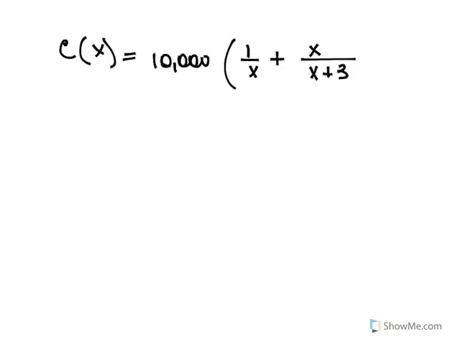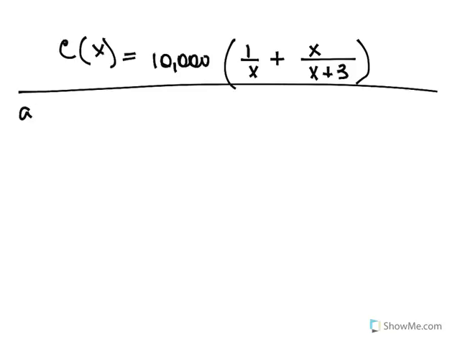So they give us this function C of x equals 10,000 times (1 over x plus x over x plus 3), where x is the order size, the number of bottles, in hundreds. And answer the following questions.